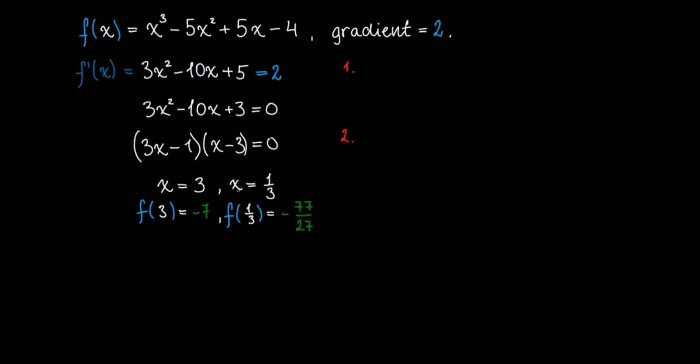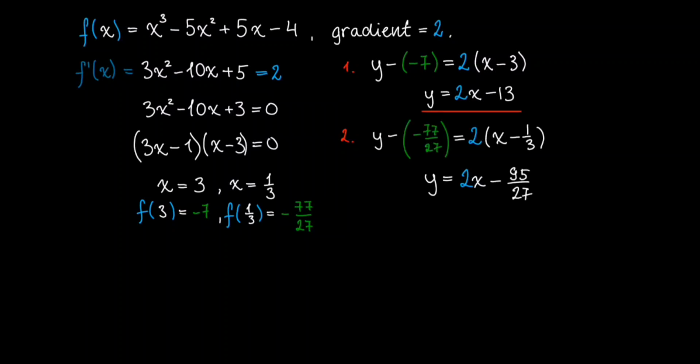So now that we have two different points and the gradient already given, we can construct two different tangent lines. And here we get the equation of the tangent y equals 2x minus 13. And the equation of the second tangent line would be y equals 2x minus 95 over 27.